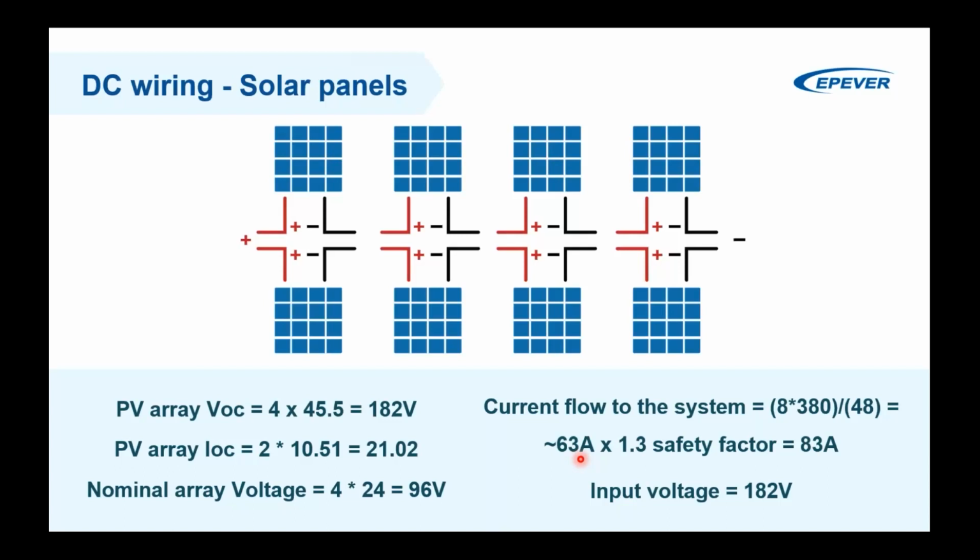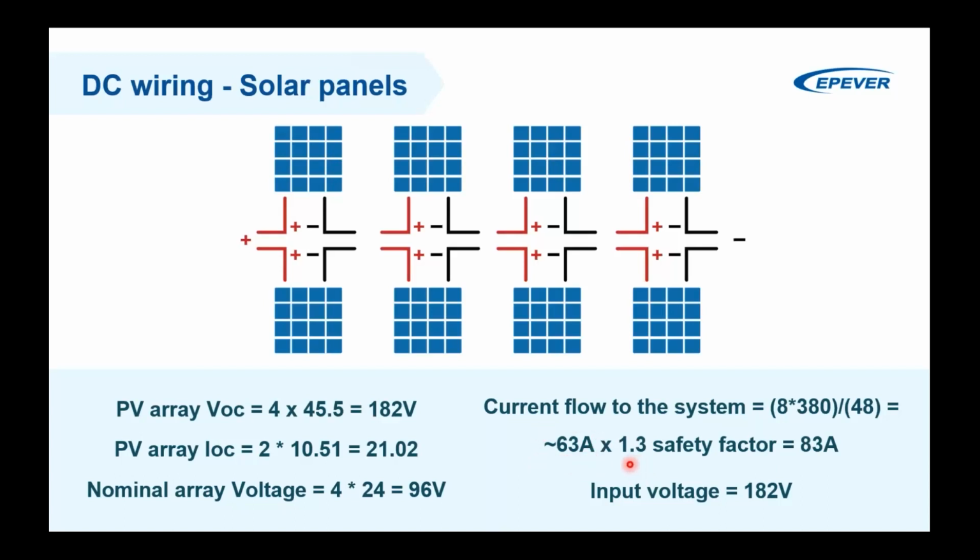So this is going to tell me what size of cable or fuses or isolator or breaker I'm going to use for my system. But this is a bit risky, because if for any reason, for example changes in the temperature or the charge status, the current exceeds this, then we have a problem.